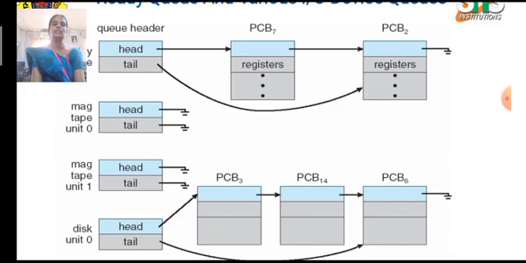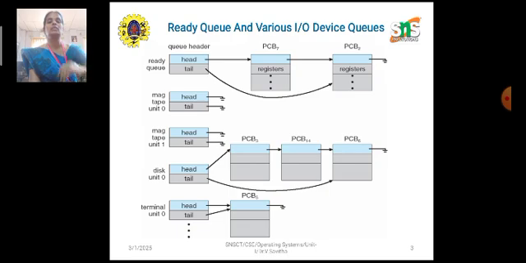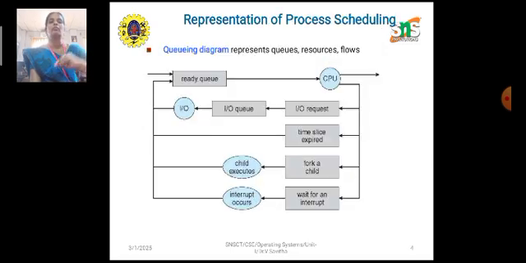In unit 0 we have three processes in the queue: process 3, process 14, and process 6. The head pointer points to PCB 3, the tail pointer points to PCB 6, and the pointers connect the intermediate processes. This is the diagrammatic view of all our IO device queues and the ready queue.